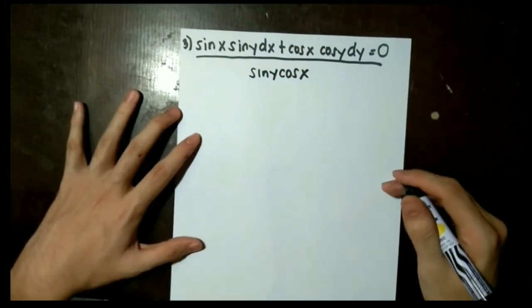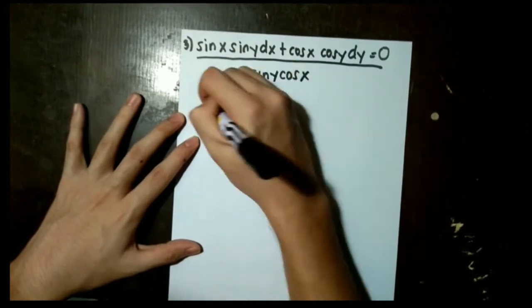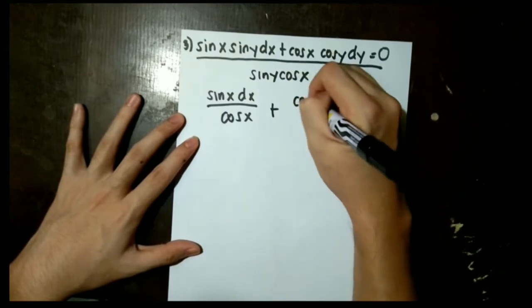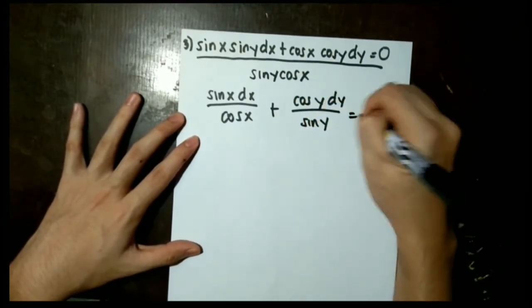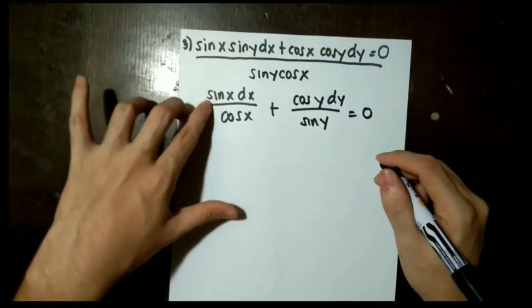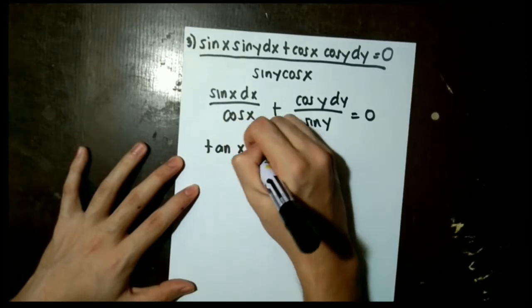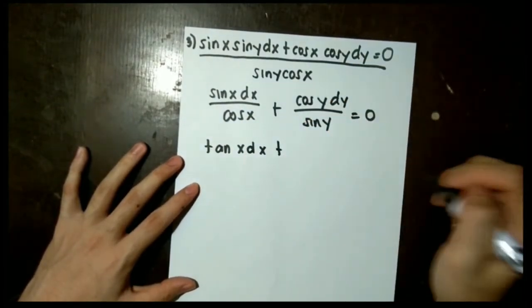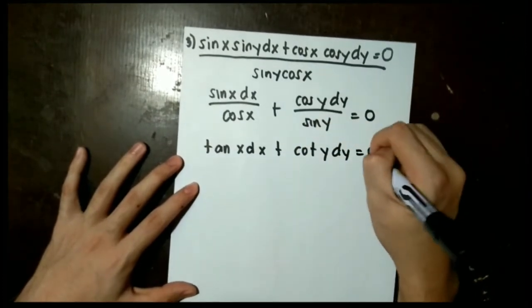So, magiging sagot is sin x dx over cosine x plus cos y dy over sin y is equal to 0. So, sin x over cosine x is just tangent x. So, tangent x dx plus cosine y over sin y is just cotangent y. So, cotangent y dy is equal to 0.